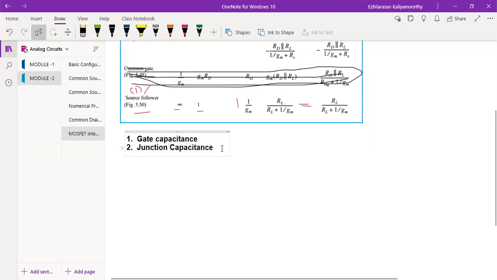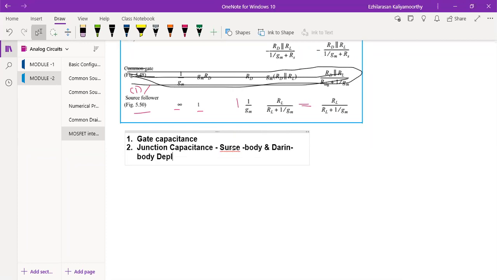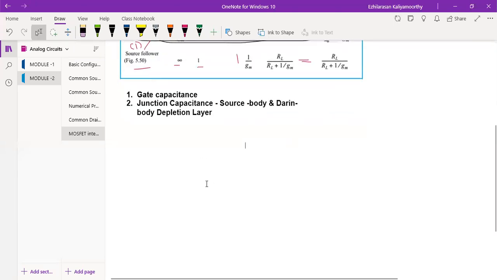Okay, now let us see what the junction capacitance is. It is between source and body, and then body and the depletion layer. So let me show what exactly it will be in the diagram.